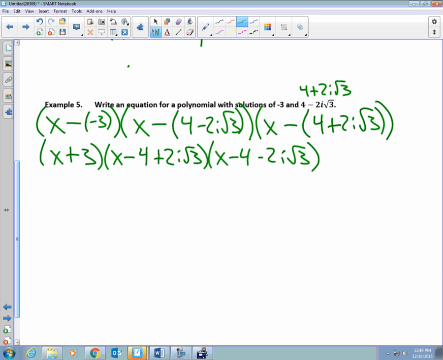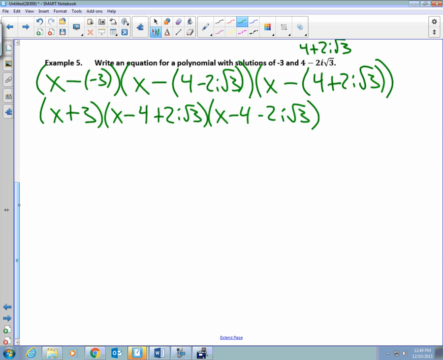There is a shorter way of multiplying this out. However, every time I've taught that, 3/4 of the class has no idea what's going on. So I'm just going to multiply it. If you want to start by multiplying these and you see how the conjugates will work out, you go right ahead and do that, okay? So here we go.